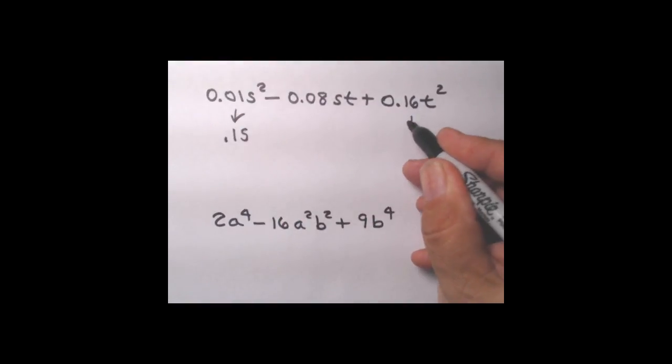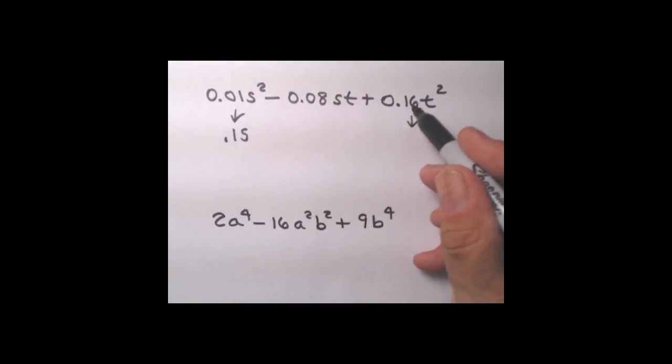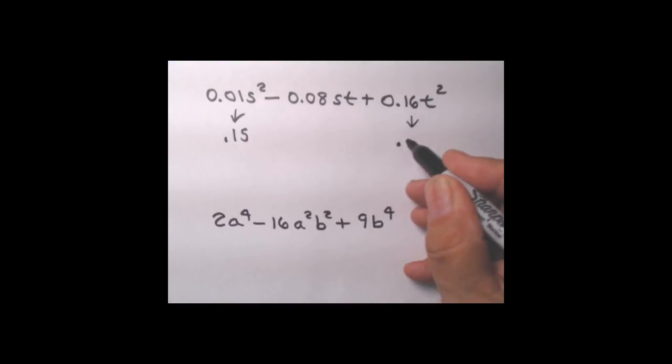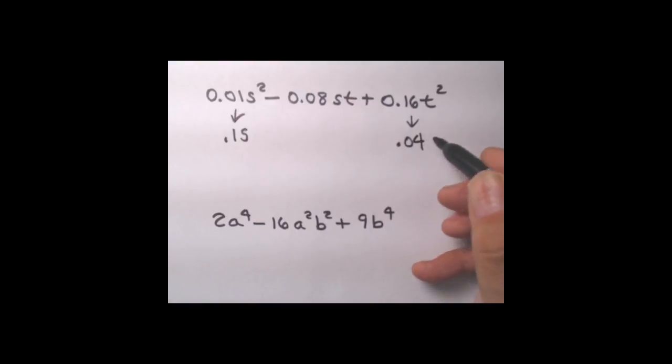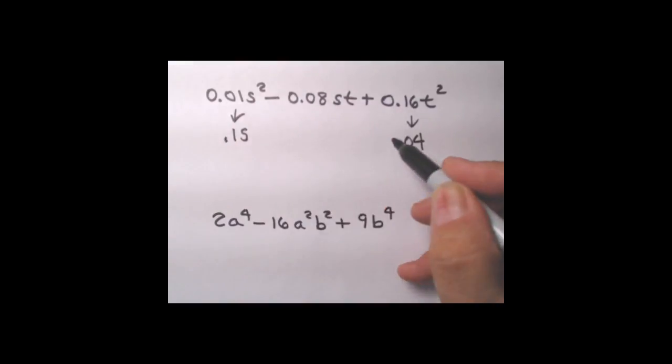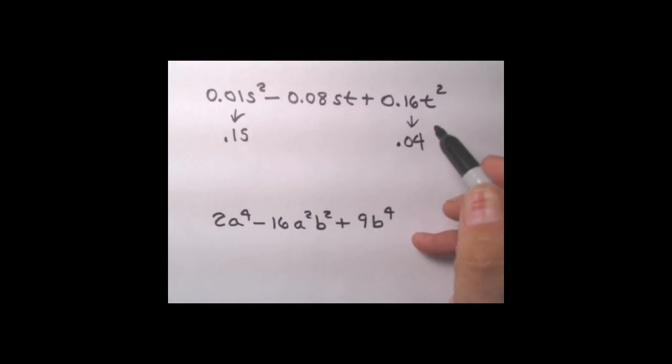Likewise, over here, the square root of 0.16 is going to be 0.4. Now, by the way, you could put the 0 back in front of the decimal point if you want, or leave it off. That's kind of fielder's choice there. But the square root of t squared is t.